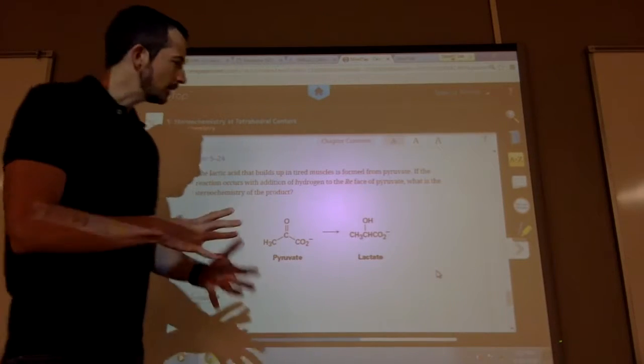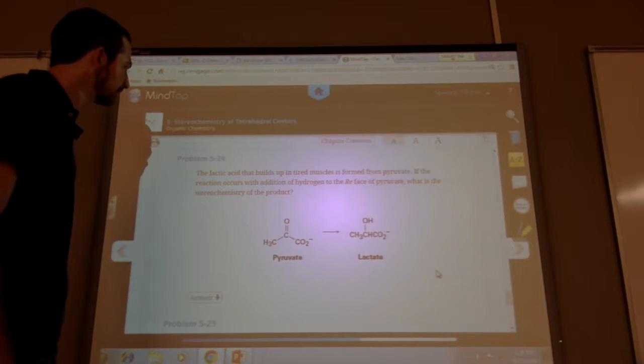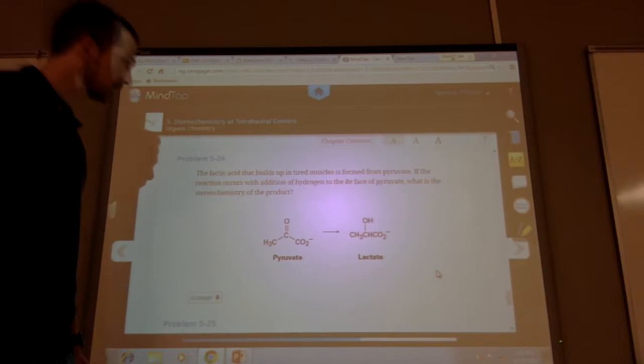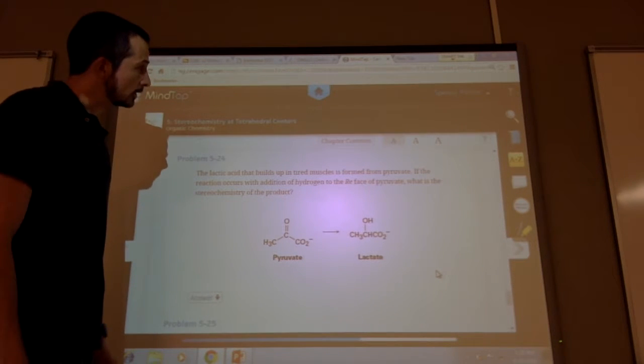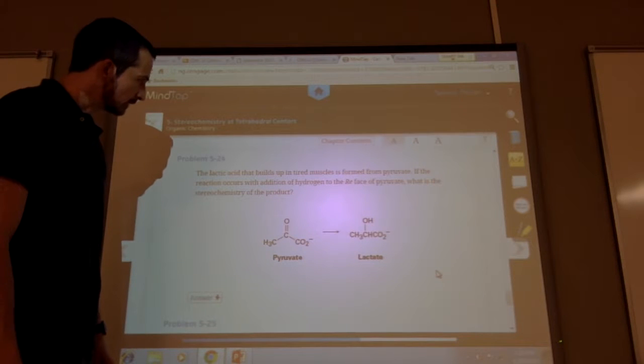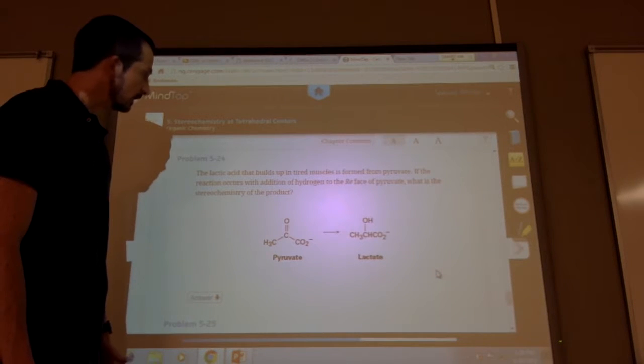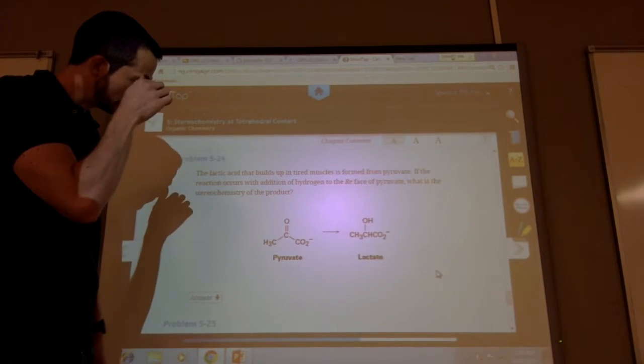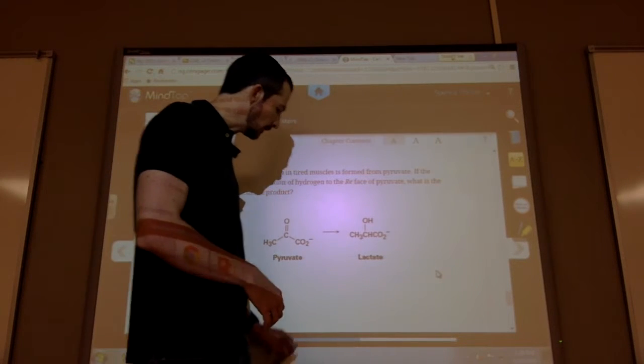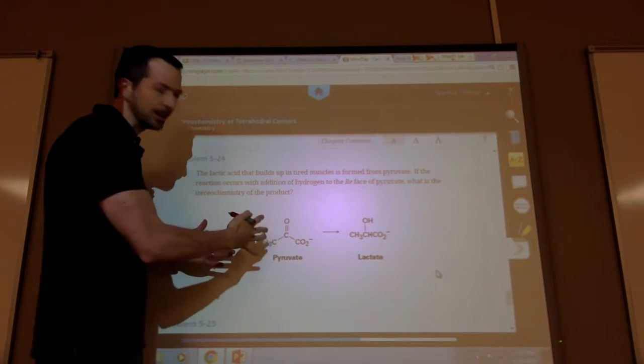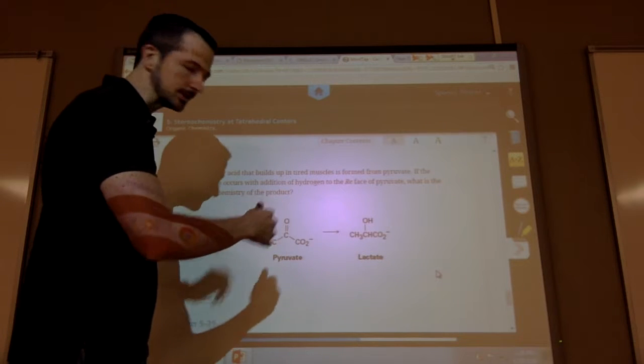Looking at the different faces. It says the lactic acid that builds up in tired muscles is formed from pyruvate. If the reaction takes place with addition of the hydrogen to the Re face of pyruvate, what is the stereochemistry of the product? So I'm adding hydrogens here. I want to see what face I'm looking at from this side.